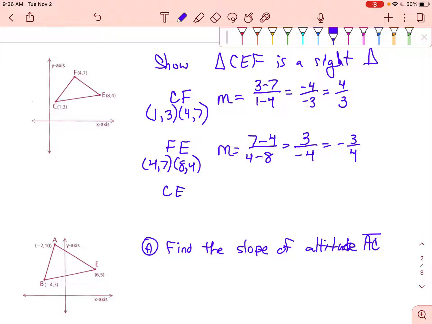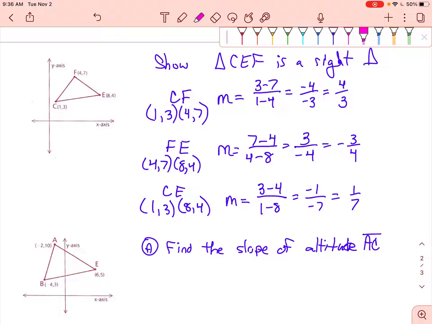And CE, I'll find the slope of CE just for practice. So C is the point (1,3), E is the point (8,4). So to find that slope, you would do y minus y over x minus x, negative 1 over negative 7, which is 1/7. So it says, show that this is a right triangle. In order to show it's a right triangle, it has to have one right angle.